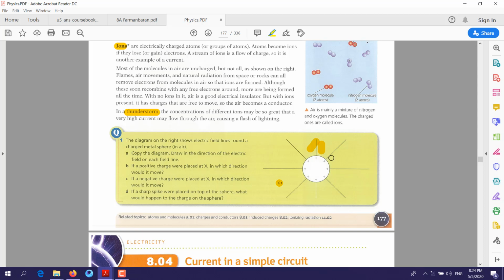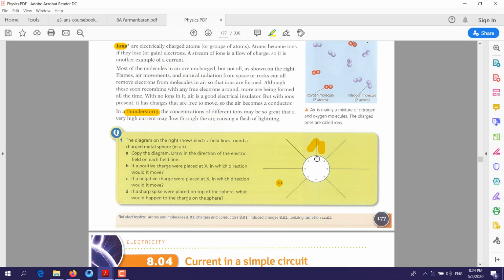What would happen to the charge on the sphere? What will happen to the charges that are here? As we explained, the charges will always move toward the sharp end.